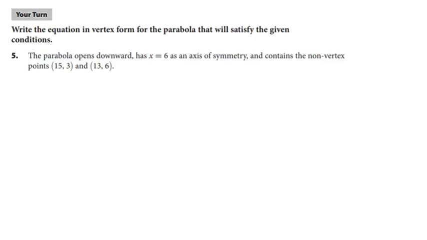Your turn. Write the equation in vertex form for a parabola that will satisfy the given conditions. Okay, the parabola opens downward, has x equals 6 as an axis of symmetry, and contains the non-vertex points (15, 3) and (13, 6). We write our two equations.